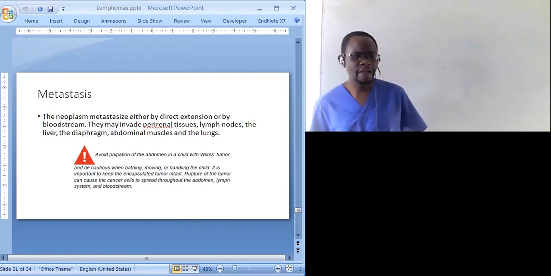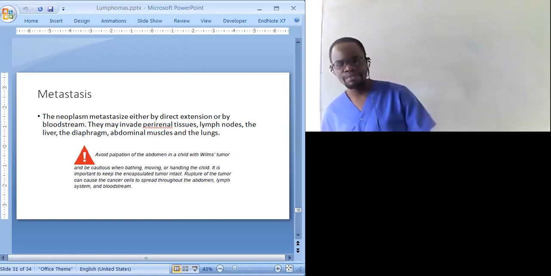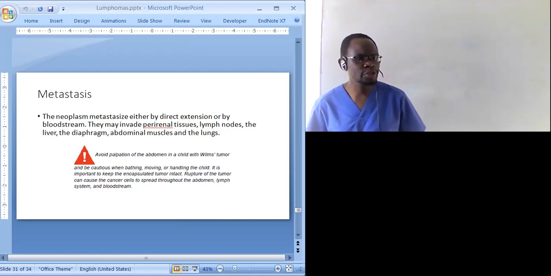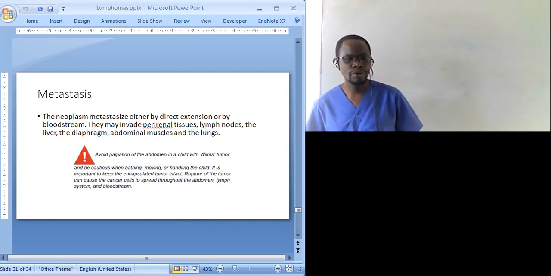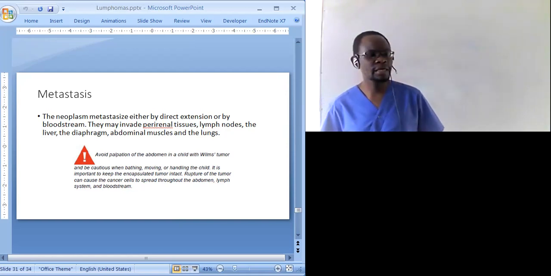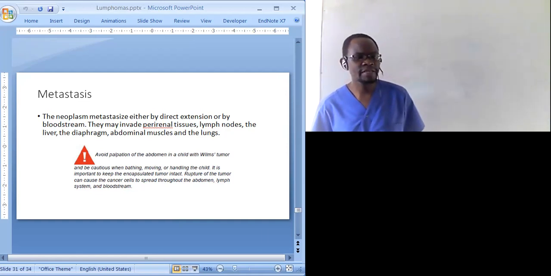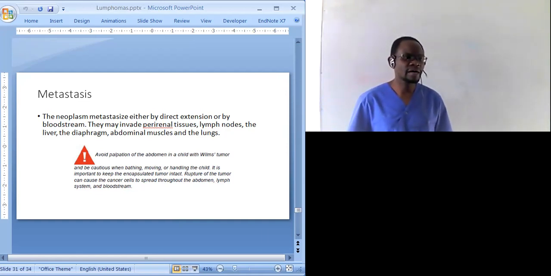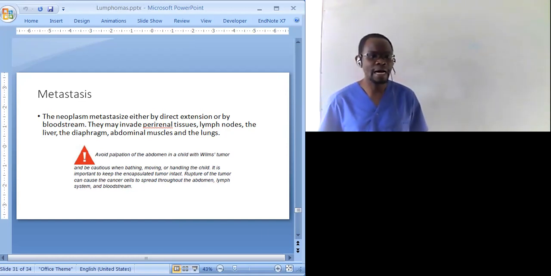Those are the places adjacent to it where it can easily metastasize: perirenal tissues, lymph nodes, the liver, the diaphragm, abdominal masses, and the lung. So it is very important that you're cautious about these places where metastasis from this tumor can go.